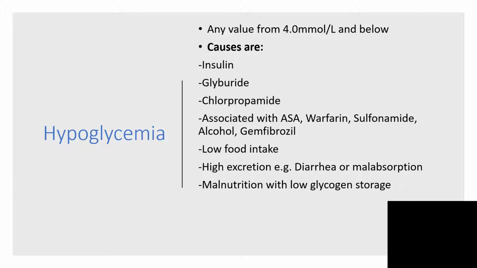Malnutrition with low glycogen storage. The glycogen in the liver is the one that will push out the glucose to the circulatory system when the level is low. But if the storage is low, then what are you going to get? Somebody who has not saved money. When you are hard up financially, where are you going to get money to spend?